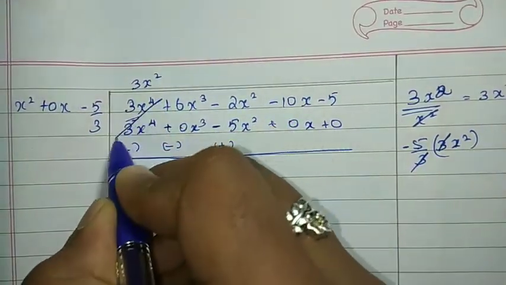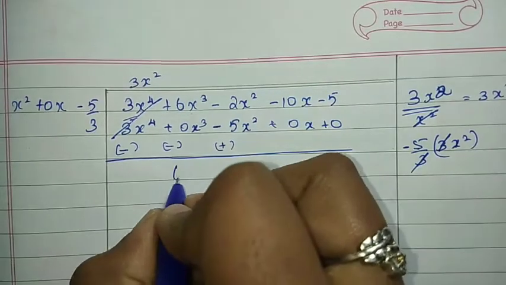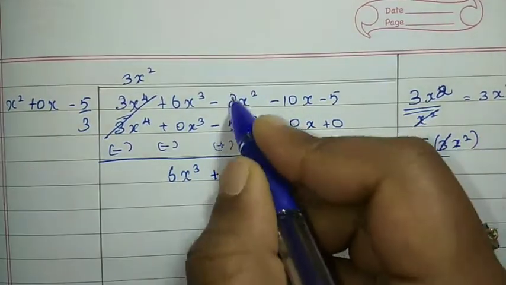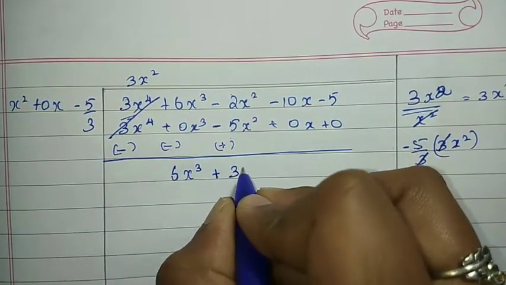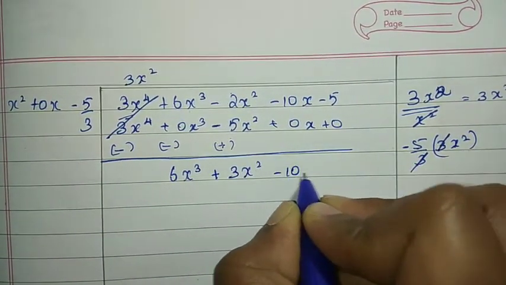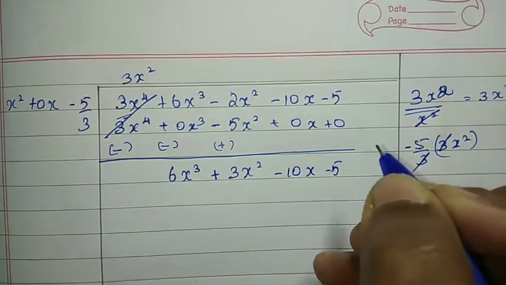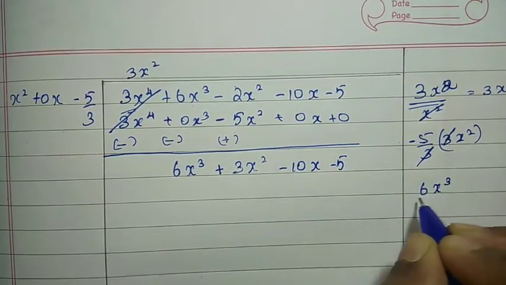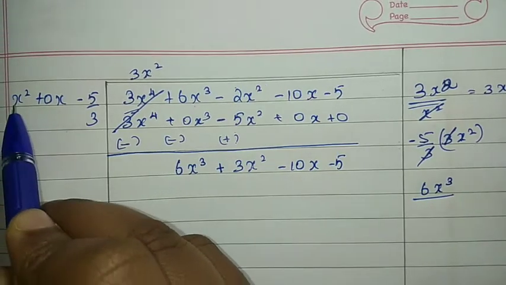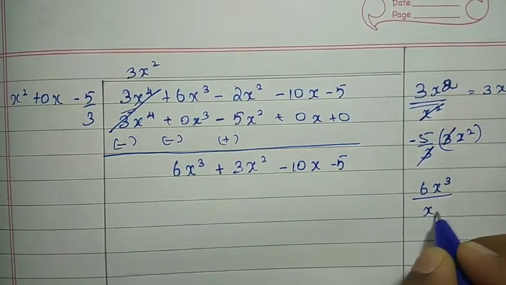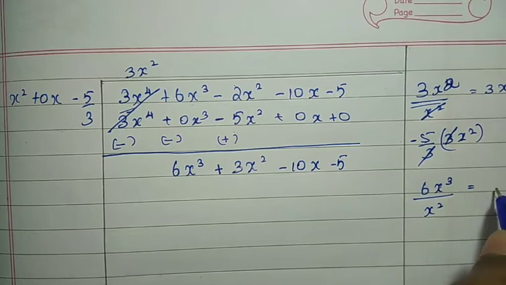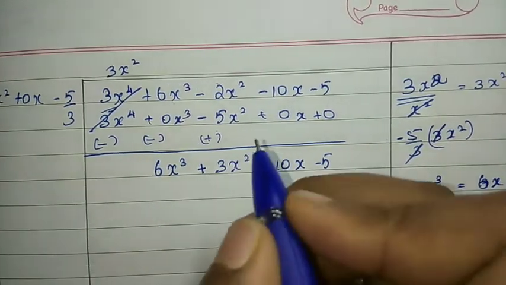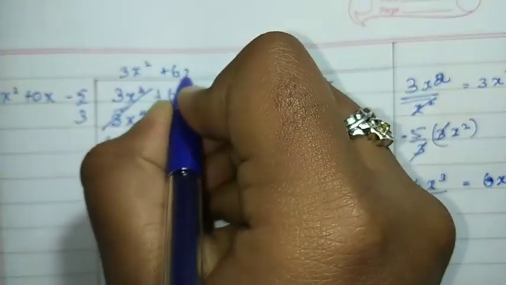So I will be cancelling this element, and here it will be 6x³ plus minus 2 plus 5 is 3x² − 10x − 5. So now what is here? 6x³. And what is the first term of g of x? It is x². So what is our answer here? 6x. This is our answer, no? So plus 6x.